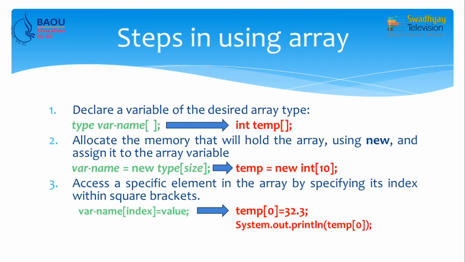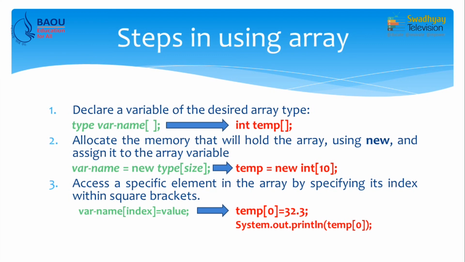Now, to actually allocate the memory that will hold the array, you have to use the new keyword and assign it to the array variable. The general syntax is variable name equal to new, which is a keyword and operator also, then you specify the type, and in square brackets you specify the size.